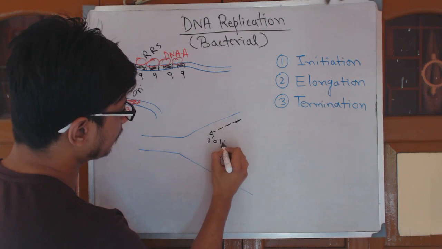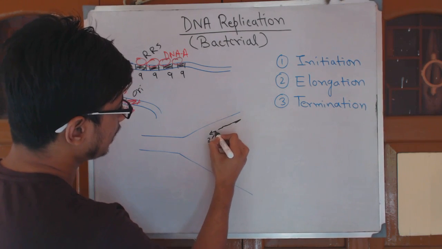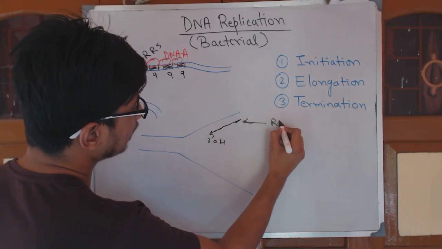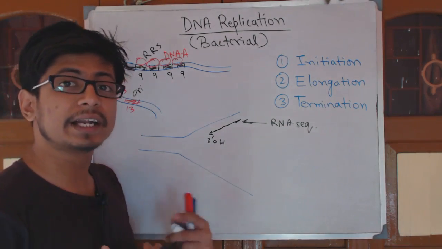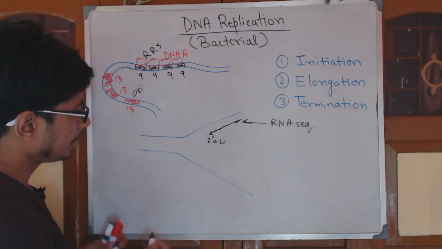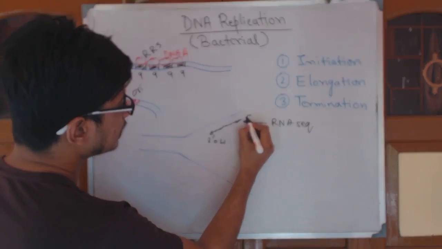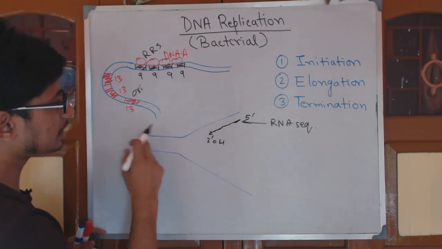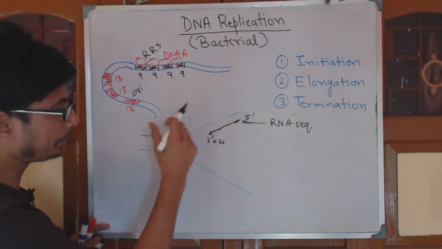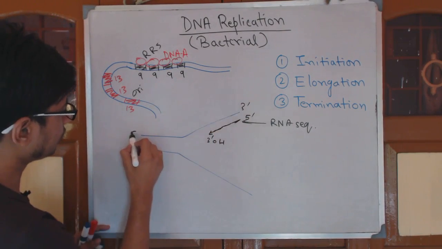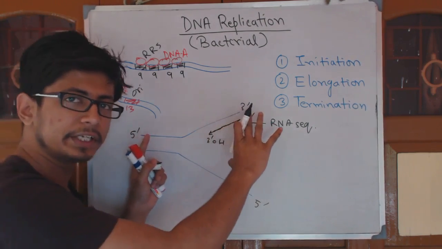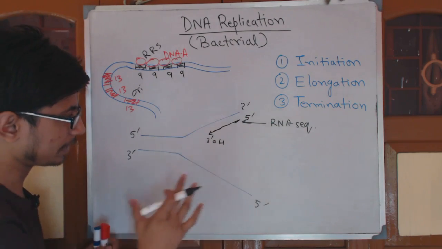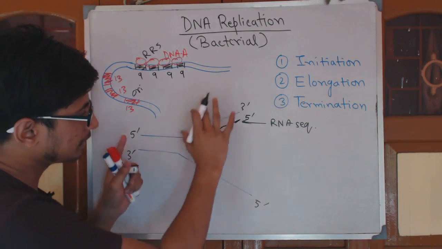It produces a 3' hydroxyl at the end, and this sequence is an RNA sequence, remember, because it's added by the RNA polymerase enzyme. So obviously on this complementary strand we have 3' here and 5' here. That is the complementary nature of the DNA. The strands are placed like that.